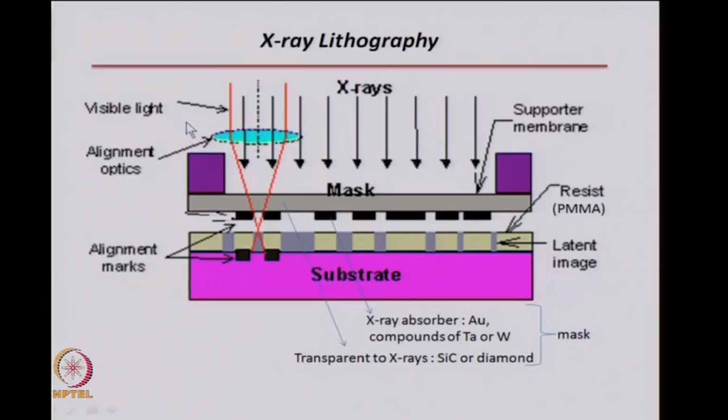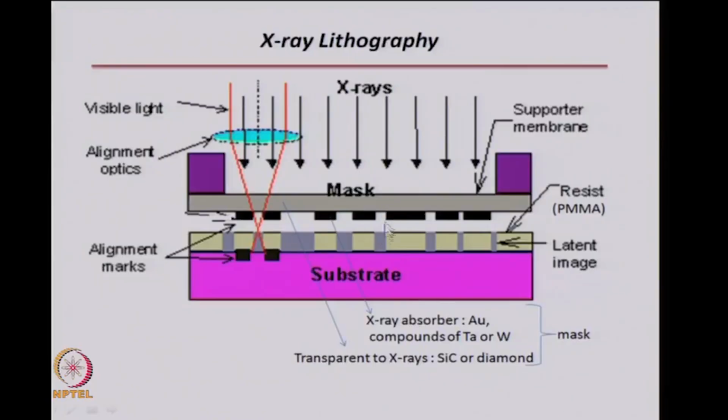You use a visible light and some alignment optics to align your mask, and you see such that you have the right positioning of the X-ray absorbers to create the right pattern on the PMMA. So, this is a typical X-ray lithographic technique where you are using X-rays. There are a couple of differences with the earlier techniques.